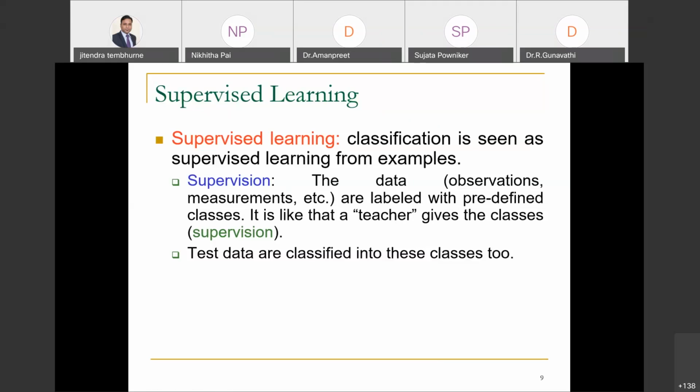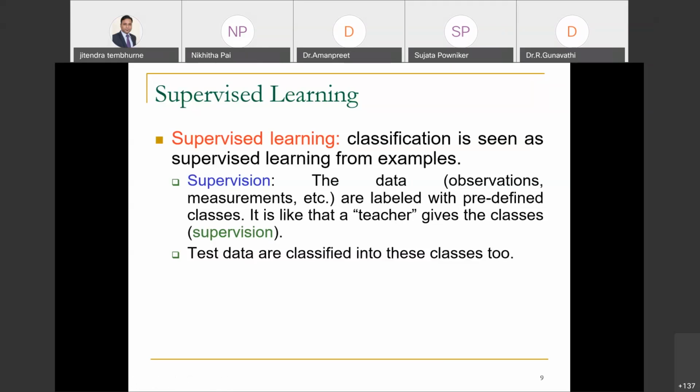Whenever new data comes, we have to categorize in which particular class it belongs. So it is like a teacher, the example which I have given. Moreover, the test data are classified into these classes. So whatever test data you supply after building a model, it will categorize it: yes, this is not approved, or it is approved.